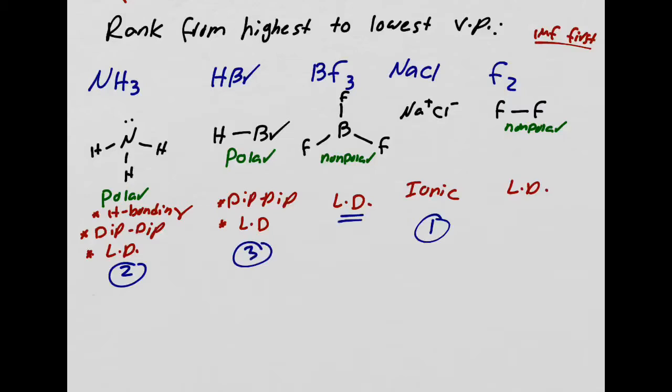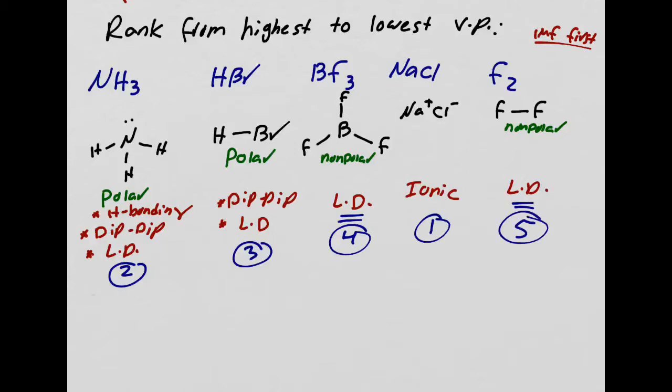Now I have 2 that have the same London dispersion. We said go based on the molecular weight, go based on the total number of electrons. The heavier one, the one that has more electrons, you have a higher chance of having a temporary dipole. Which one is that? That is going to be BF3. It is going to be a bigger molecule, right? Higher molecular weight, more total number of electrons. So then this is going to be the last one.